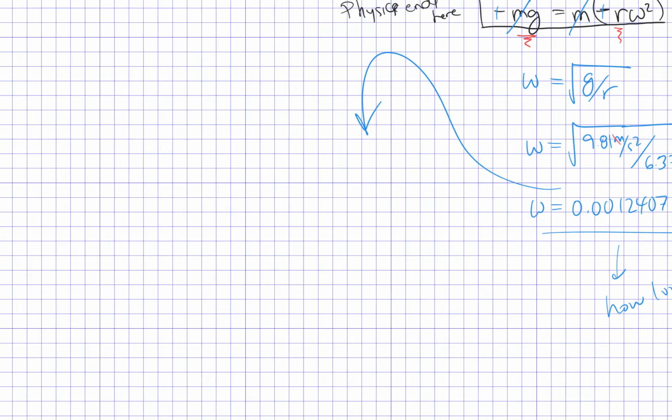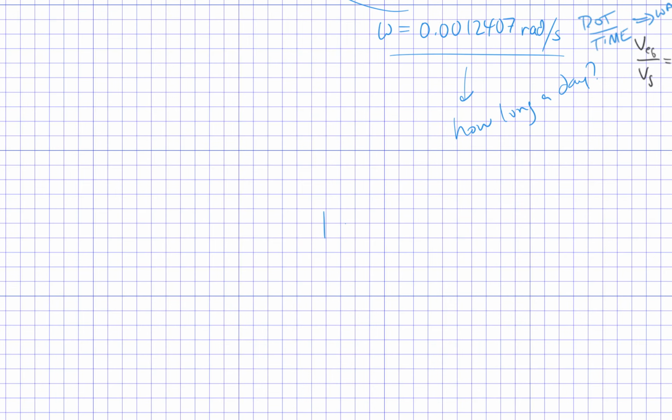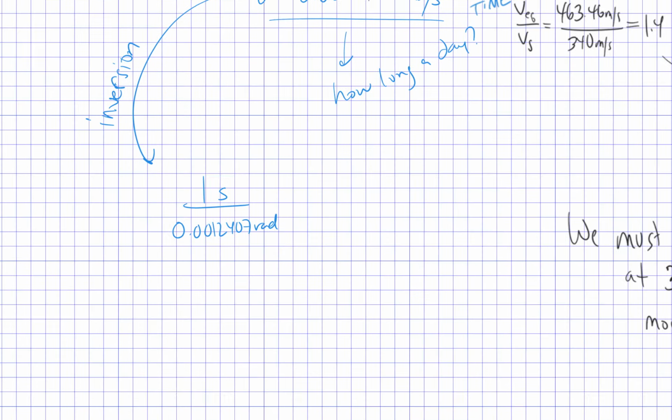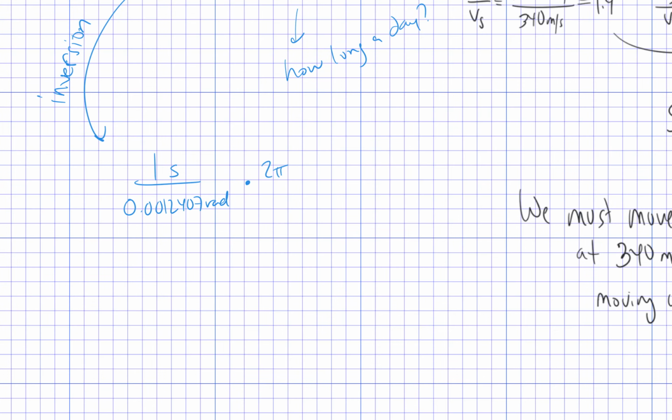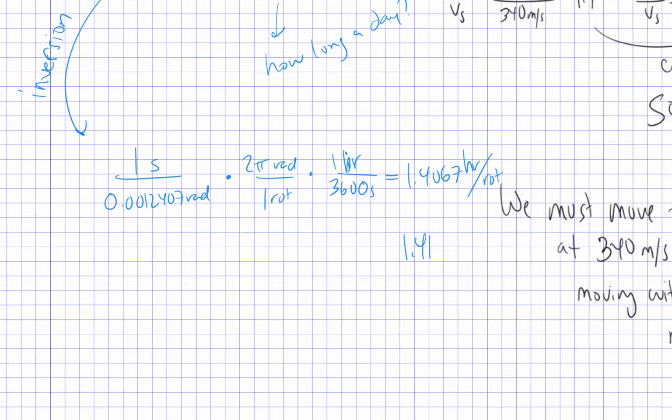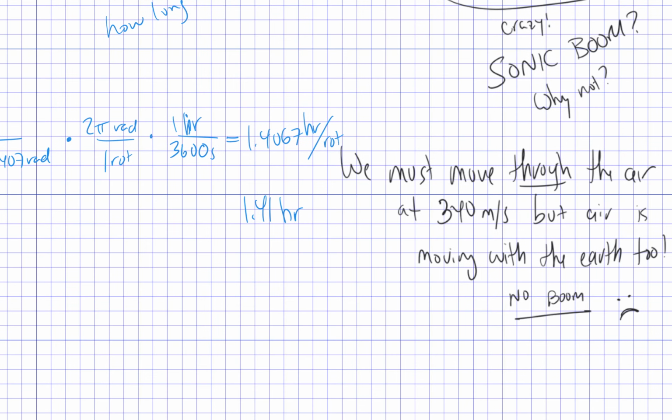I'll do 1 second per 0.0012407 rads, and then convert: 2 pi rads over 1 rotation, and 3,600 seconds in 1 hour. That should give me the number of hours per rotation. Let's see if that's a reasonable number. I get 1.4067 hours per rotation. So basically our day would be about 1.41 hours, super, super fast, right?